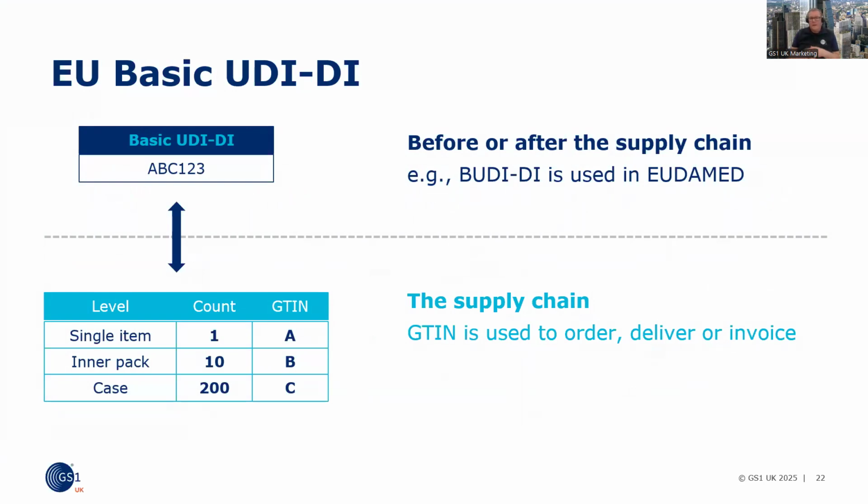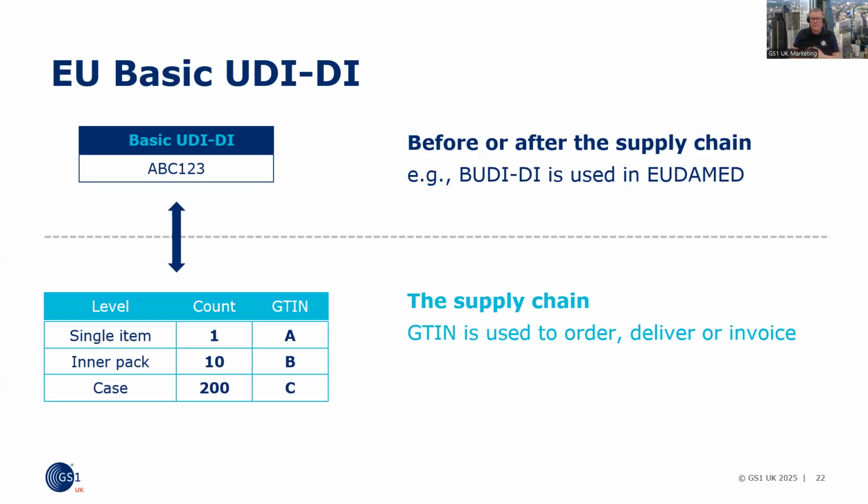So here's a graphical representation of the basic UDI-DI linking to different GTINs for the same product in different packaging counts. So this is just one item, but you'd have 3 different GTINs for that same item for different packaging levels.